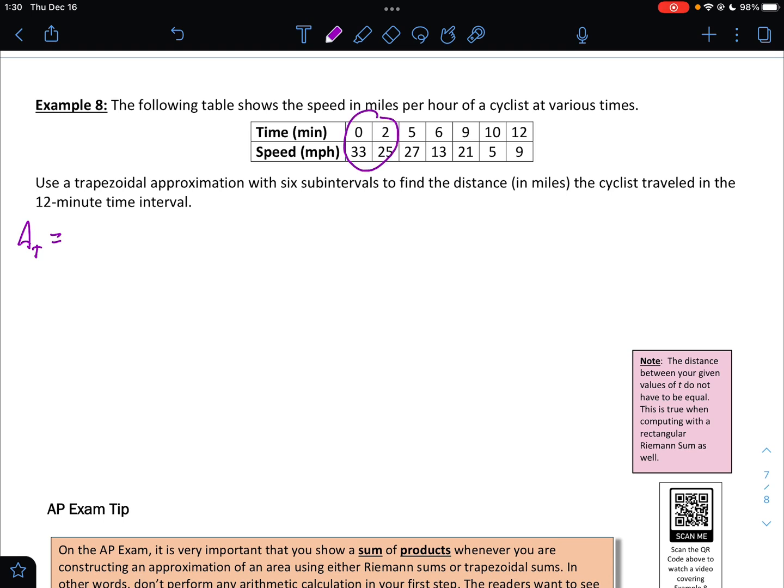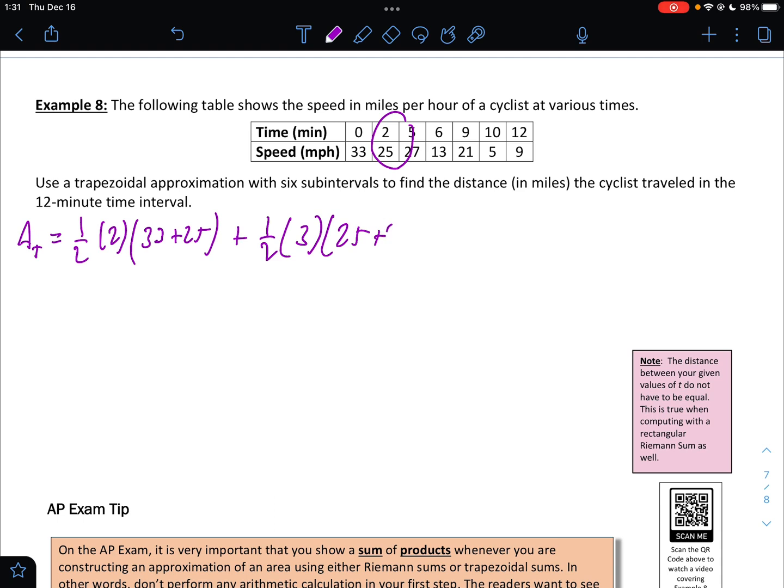For example, this trapezoid first would be 1/2. The height would be 2 minus 0, so 2, times base 1 plus base 2. All right, so that's the first trapezoid. The second trapezoid, 1/2. The height would be 5 minus 2, so 3, times 25 plus 27. Third trapezoid, 1/2.